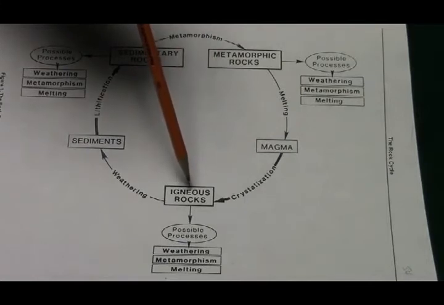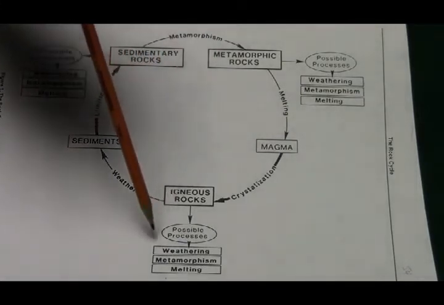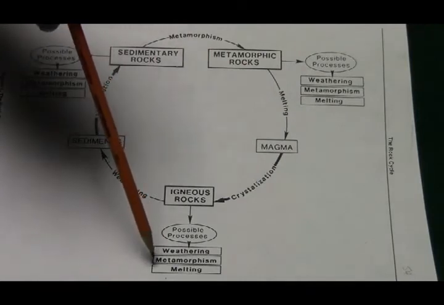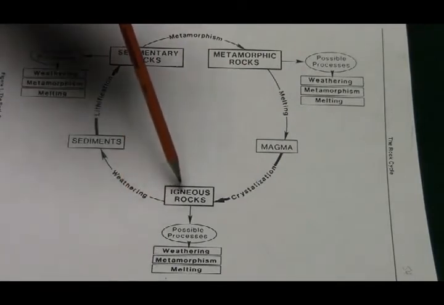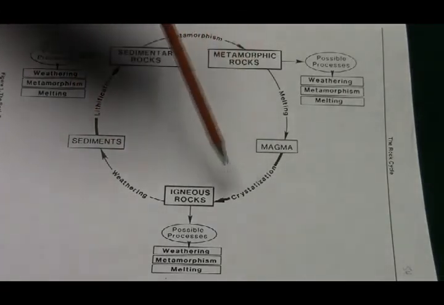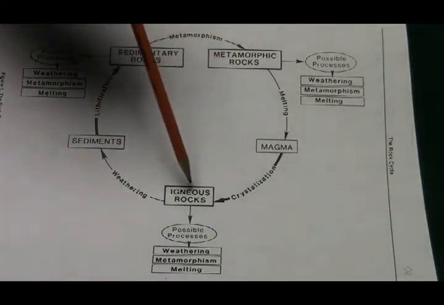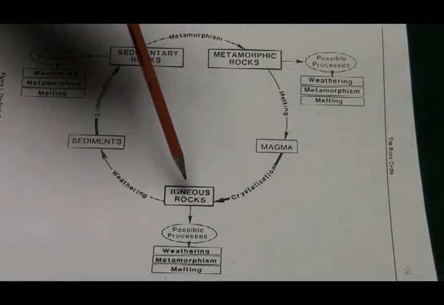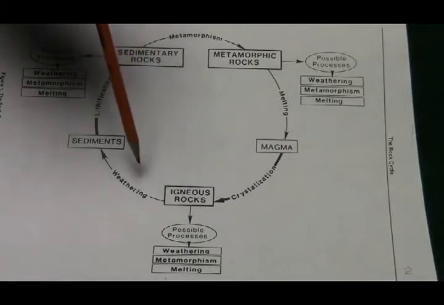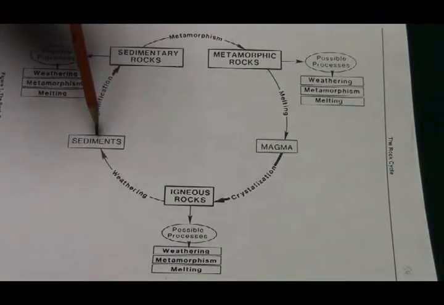Now, once you have igneous rock, there are a number of different possible processes that may occur to that igneous rock, but we'll continue on the main part of the diagram. Igneous rocks, if they are exposed at the surface of the Earth, will undergo weathering, which will break down the igneous rock minerals into bits and pieces of broken rock material, which we call sediments.